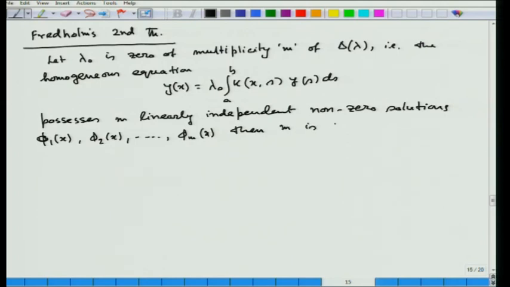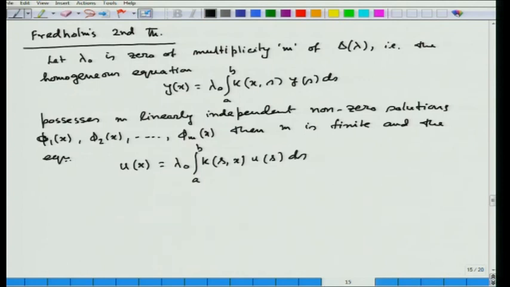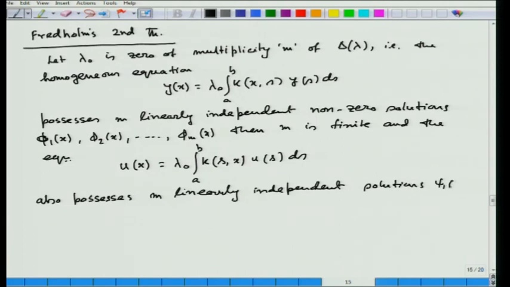Then m is finite, and the equation u(x) = lambda 0 integral from a to b of k(s, x) u(s) ds also possesses m linearly independent solutions, which are denoted by psi 1(x), psi 2(x) up to psi m(x).